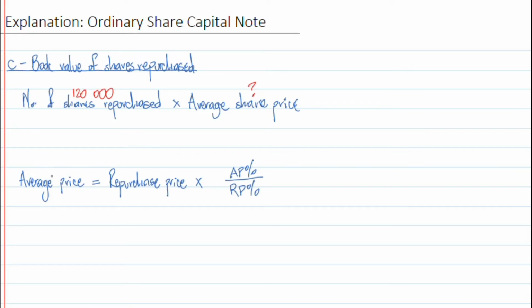So basically, the formula is structured in the manner of what we are looking for over what we have. We are looking for the average price, we have the repurchase price.